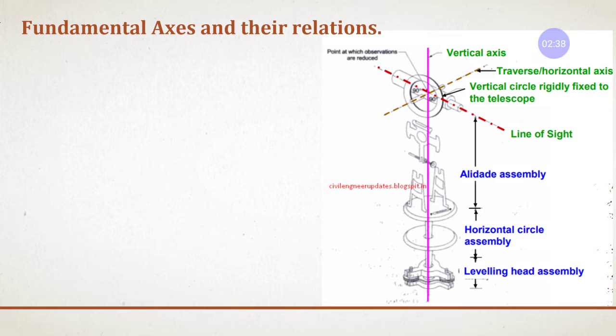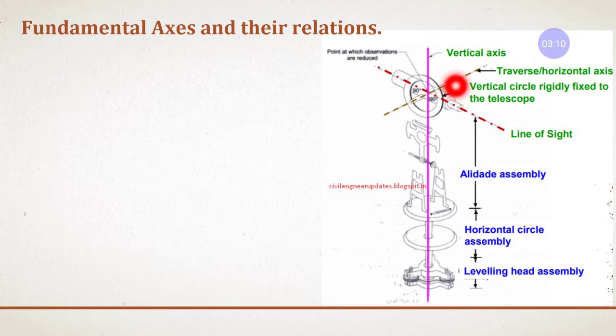Next is your horizontal axis. This horizontal axis is perpendicular to the vertical axis. Then your line of sight, or line of collimation, one and the same, is perpendicular to the horizontal axis.